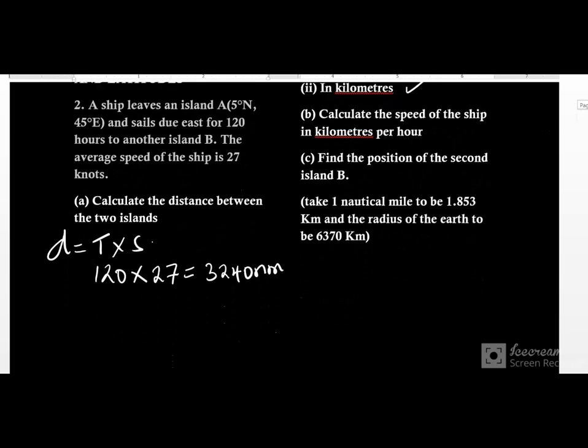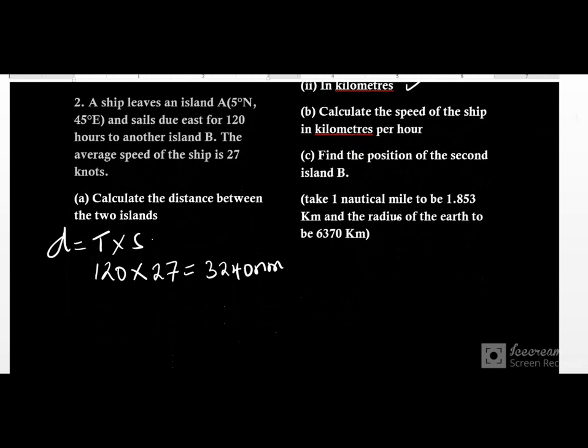We have been given here that one nautical mile is equal to 1.853 kilometers.